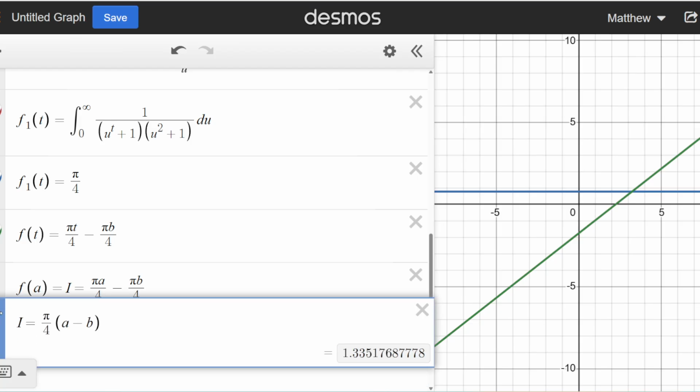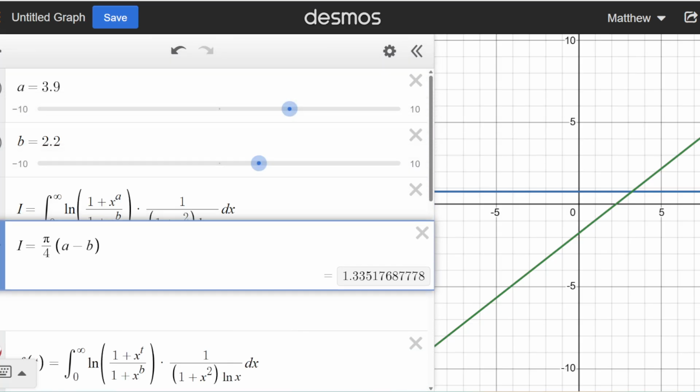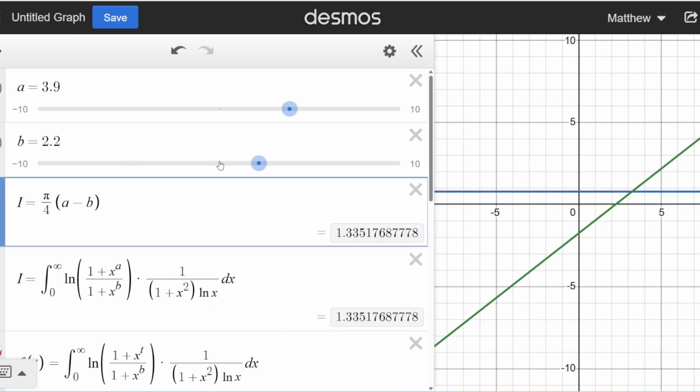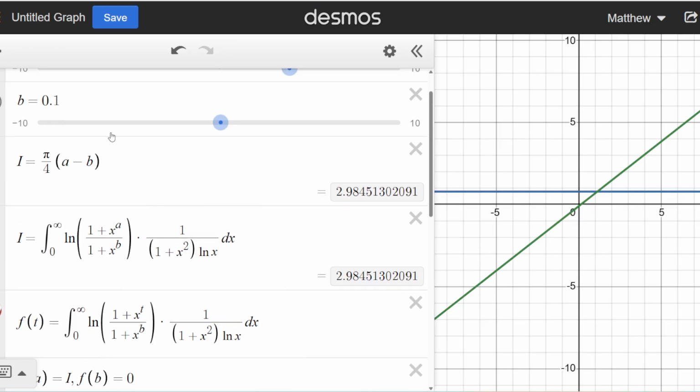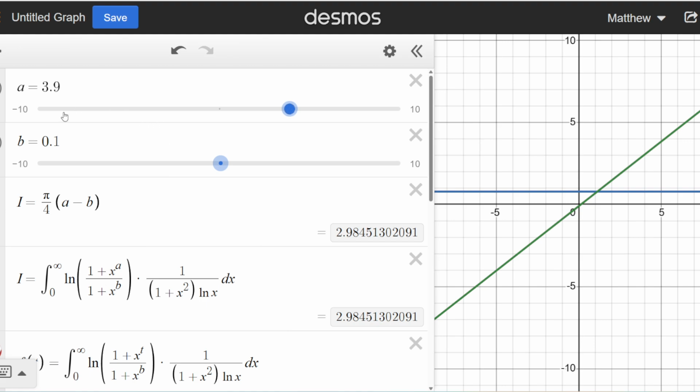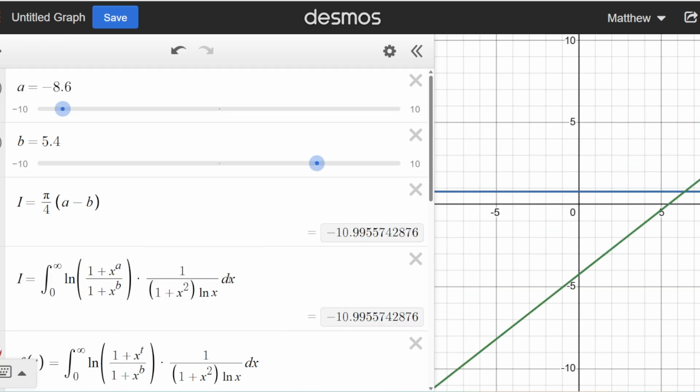And let's drag this up here and make sure that does indeed equal our original integral for all values of a and b. Okay, let's change this to a negative number, perhaps. There we go. Yep, that works. It all works.